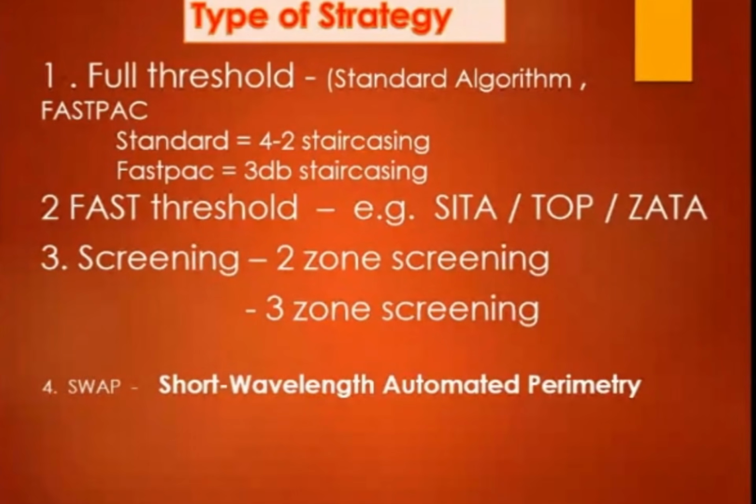Then we have the SWAP, the short wavelength automated perimetry. This particular strategy tests the low wavelength cones in the retina. So it is quite fast and more reliable in knowing the integrity of the macula.